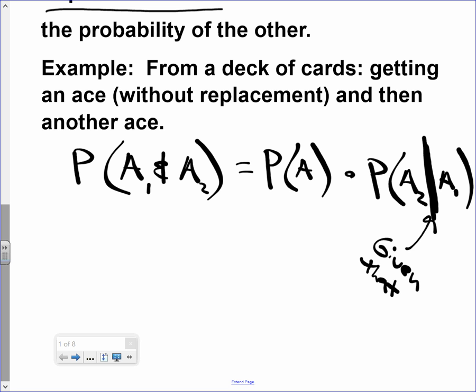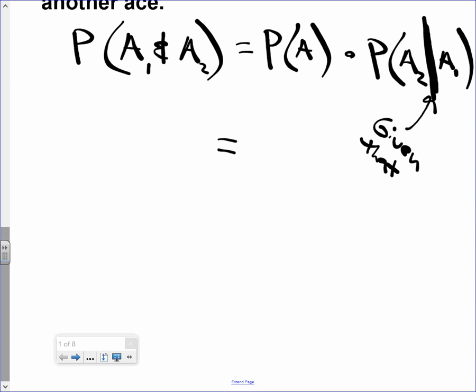Watch how I do this. What would be the probability of getting one ace? How many aces are there? 4. There's a spades, a clubs, a hearts, and a diamond of aces. There's 4 of them. So 4 out of total cards is 52.